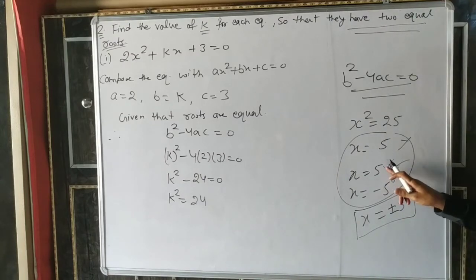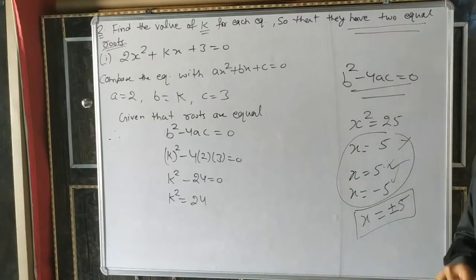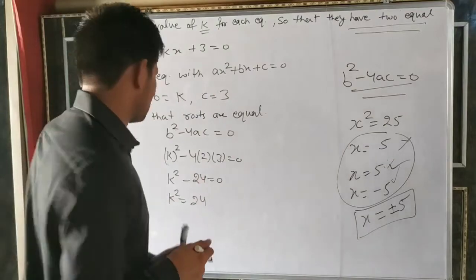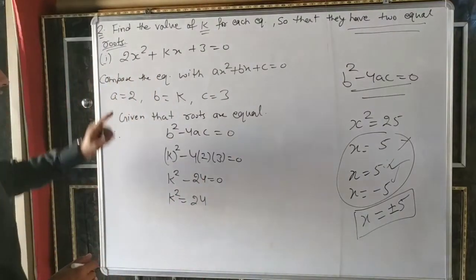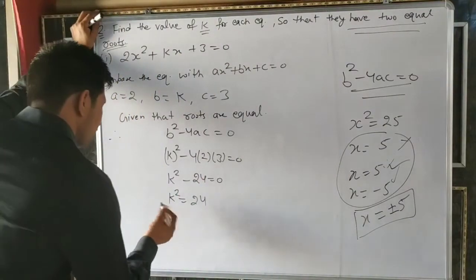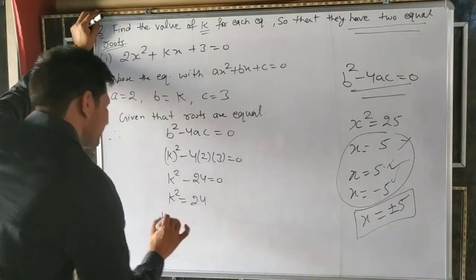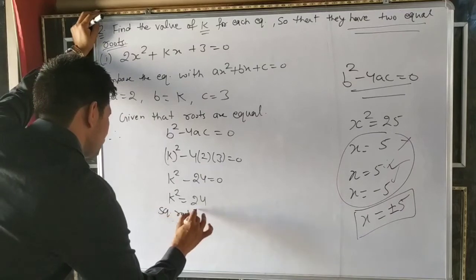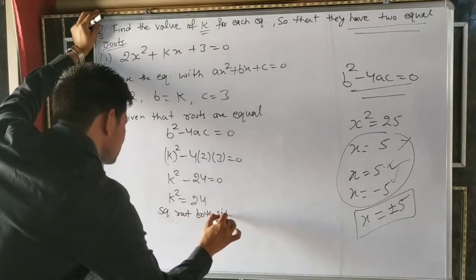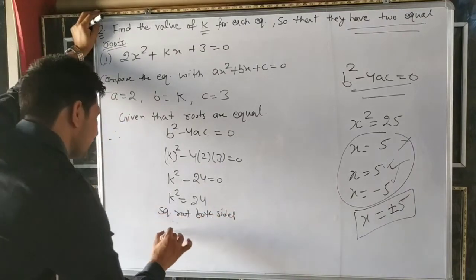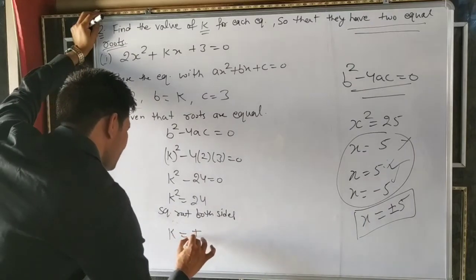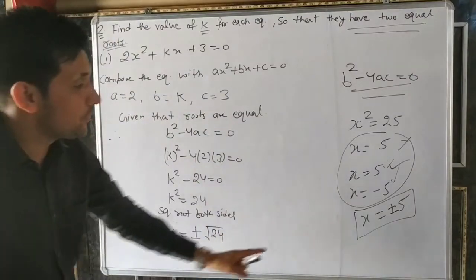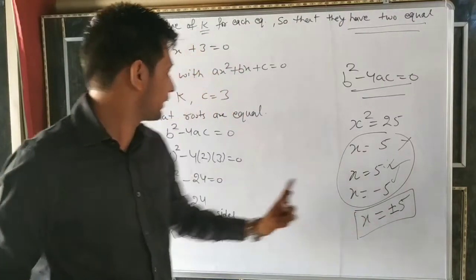Same as it is, we want to find the k value. So taking square root both sides, k equal to plus minus under the root 24. Always we will write plus minus whenever we are taking square root.